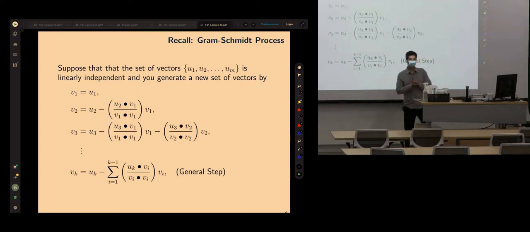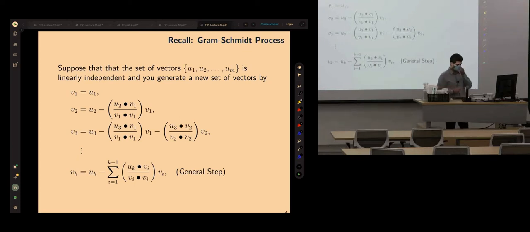a recap from last time. Last time we talked about a process called the Gram-Schmidt process. What it does is take a set of vectors that are linearly independent and turn them into a set of vectors that are orthogonal. Then we normalize them, and we get a set of orthonormal vectors.